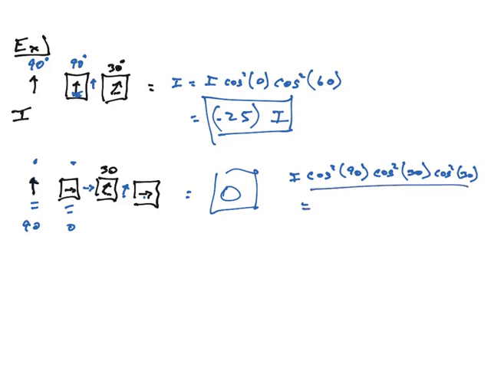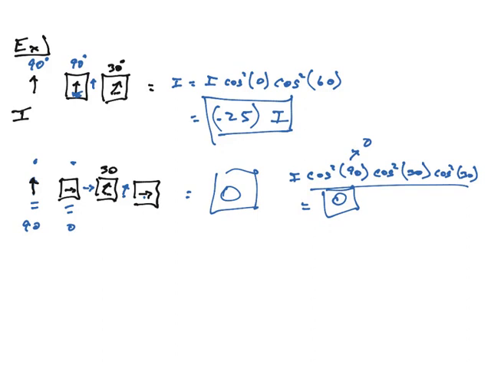If I stick all this in my calculator, this is 0. So again, I get 0. So doing it purely mathematically, you get the right answer. However, a good time saver, if you know what you're doing, is to see that any time you have one step and then the very next step are perpendicular to each other, you will always block all the light and you'll have 0 left over.